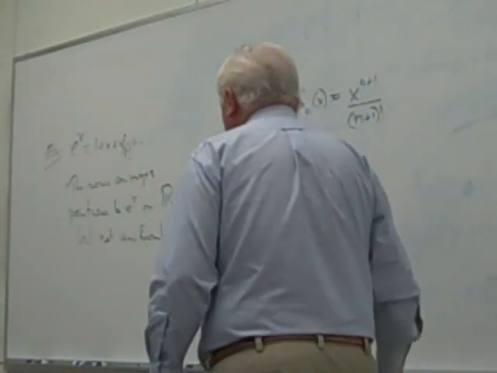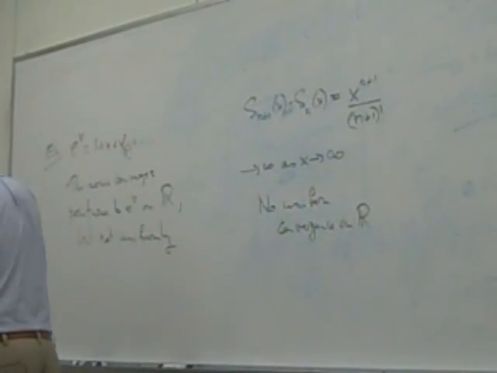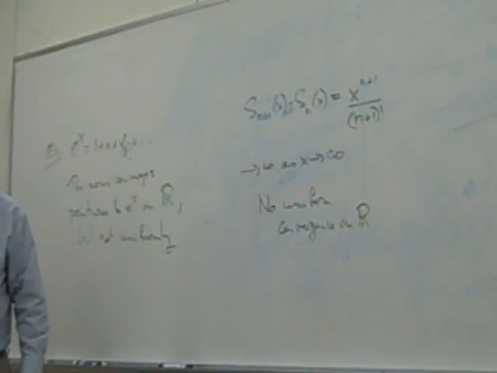Okay, so the main way that you can determine uniform convergence of a series is something called the Weierstrass M-test.